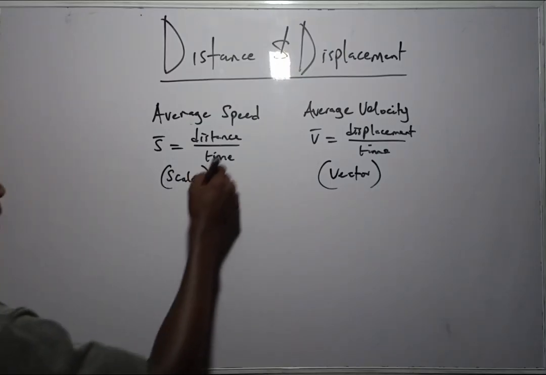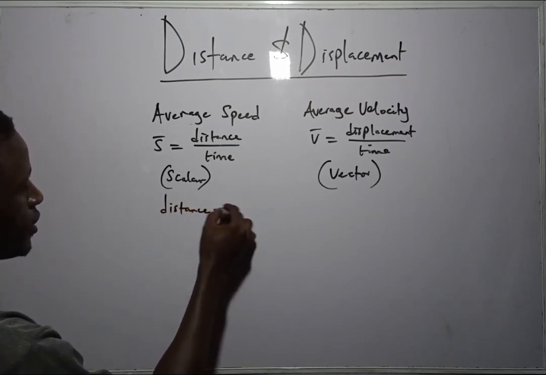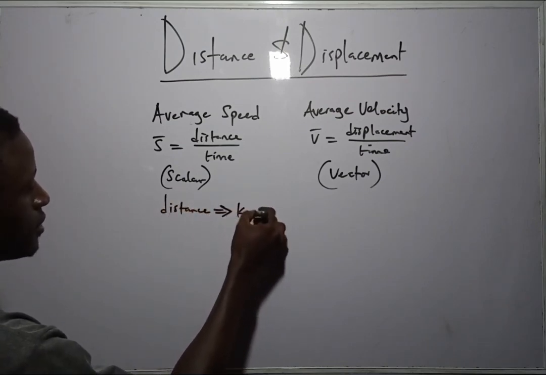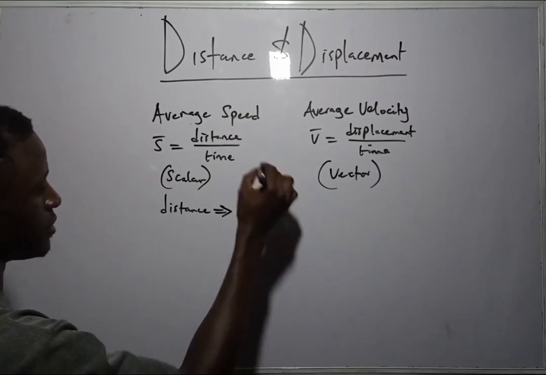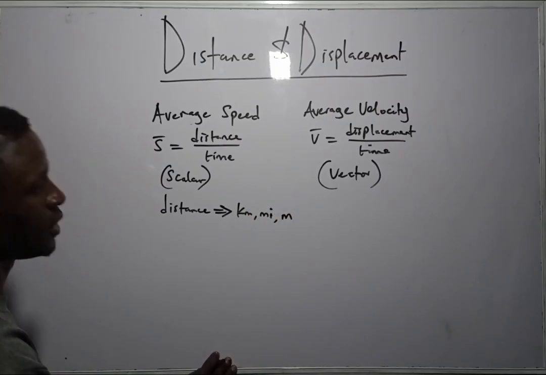So now, distance can be measured in kilometers. It can be measured in miles. It can also be measured in meters.